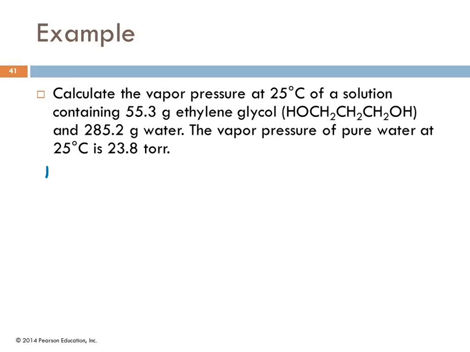So the vapor pressure of the solution is going to equal what? Chi solvent times the normal vapor pressure of the solvent.